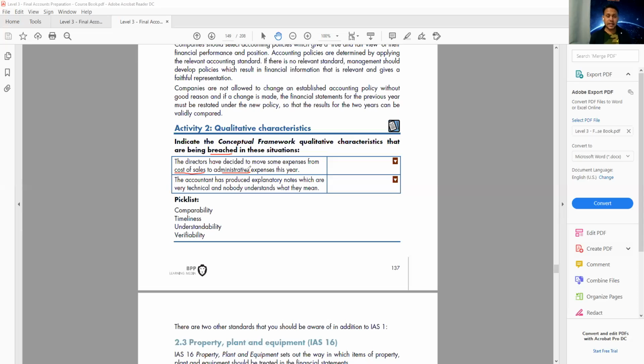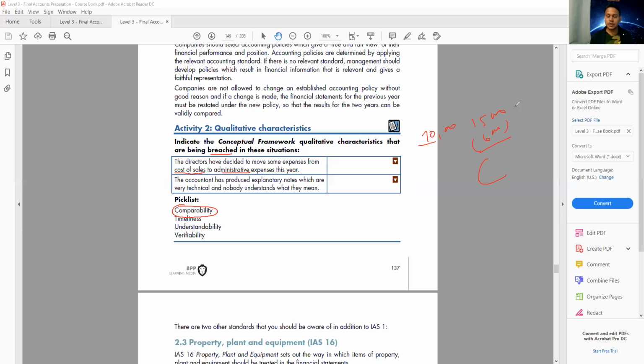Now, basically he's saying some direct cost put in the indirect cost. Obviously at the end, the profit will be the same because both are expenses, but you are breaching the comparability here because last year, maybe your cost of sales was 10,000, and this year your cost of sales is 15,000 and you decided to move 6,000 from here to the admin cost.